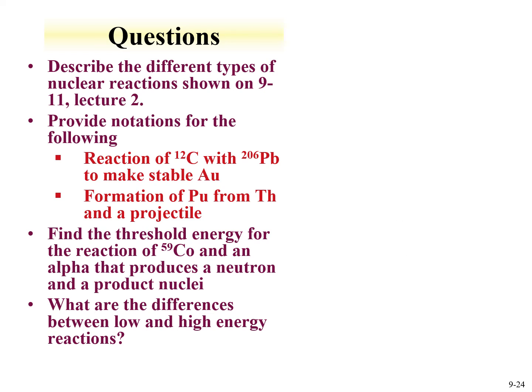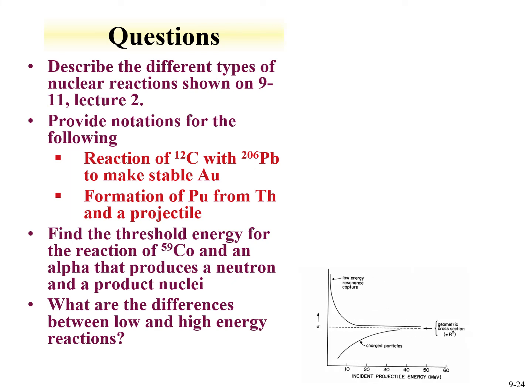And then, what are the differences between low and high energy reactions? Well, one of the things with that depends upon what particles we're talking about. Often low energy neutrons have higher cross sections. They decrease and then they'll reach a constant value. Sometimes there won't be any cross section. So if you think about the fission cross section for uranium-235 compared to uranium-238, uranium-235 behavior is more like this.